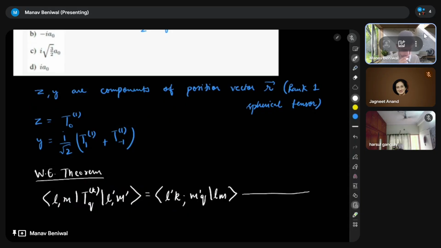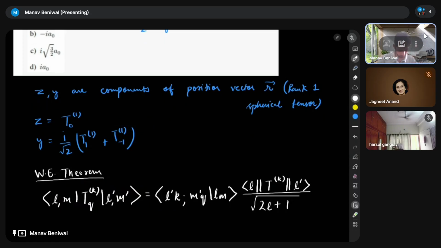We have a fraction here, with L, T^k, L prime in the numerator, and under the root 2L plus 1. Okay, so this is the theorem.